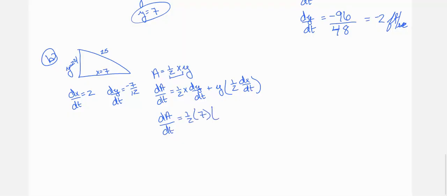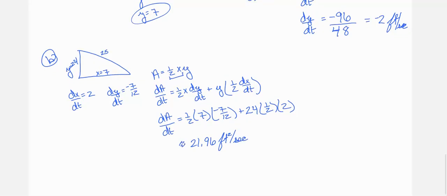So let's substitute in what we know. I got about 21.96, and that would be in square feet per second. So that's how the area of that triangle is changing.